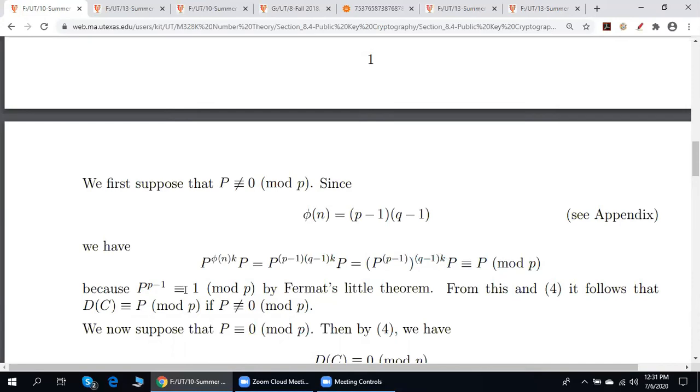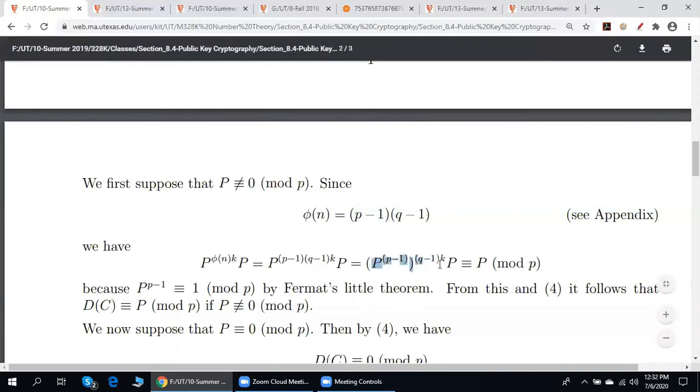Now, in order to jump from here to here, we do two things. Step 1, raise the left-hand side and the right-hand side to the power q minus 1 times k. The left-hand side becomes this expression without p. The right-hand side is still 1. After that, if we multiply both sides by p, the left-hand side becomes the whole thing here, the right-hand side becomes this.